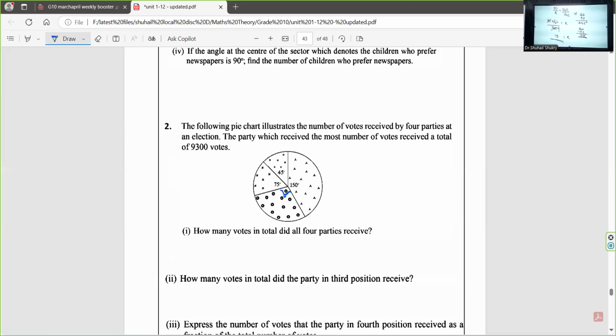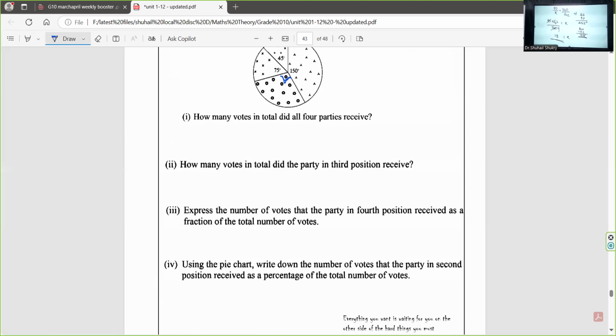Online people, you can get a screenshot of this. So what is the golden box? 9,300 people, 150 degrees. That's the golden box for this. How do you start doing this?